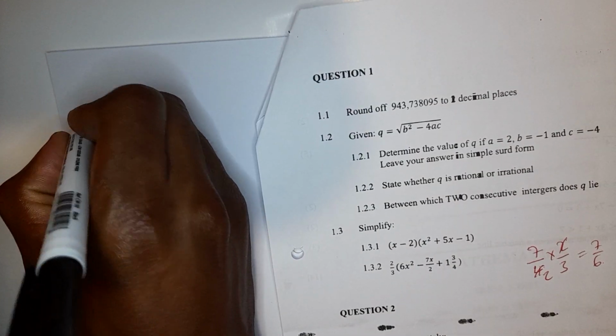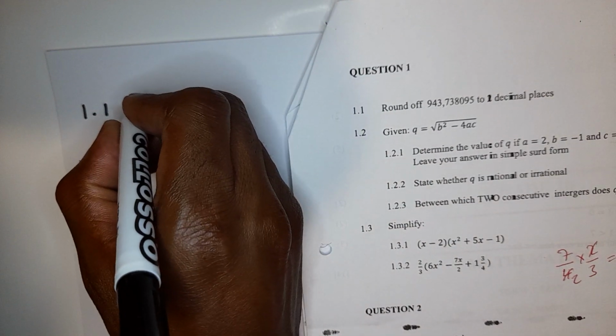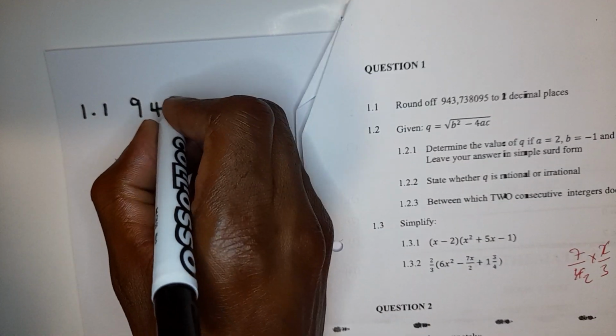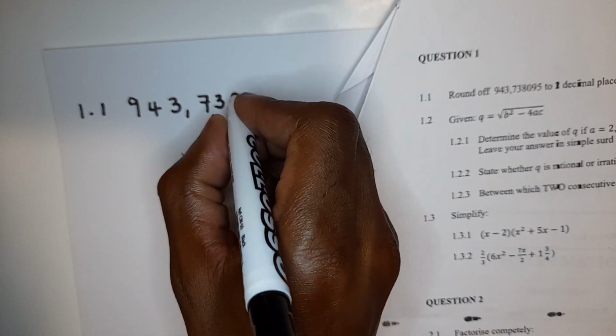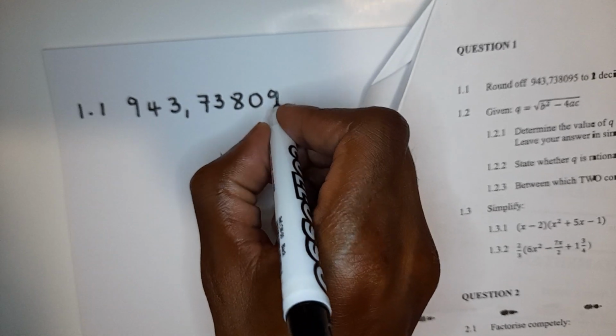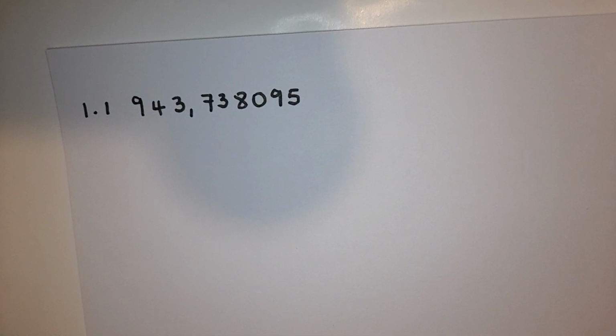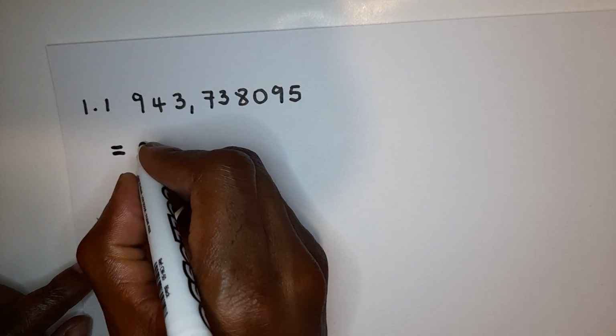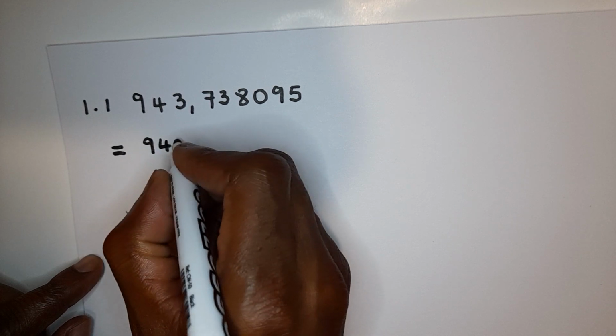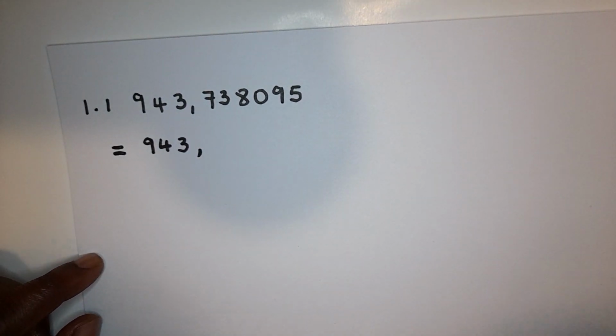Right, 1.1. Let us round off 943.738095 to 2 decimal places. Right, ladies and gentlemen, all one needs to do is write this number.